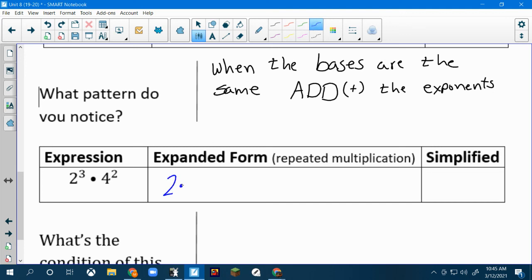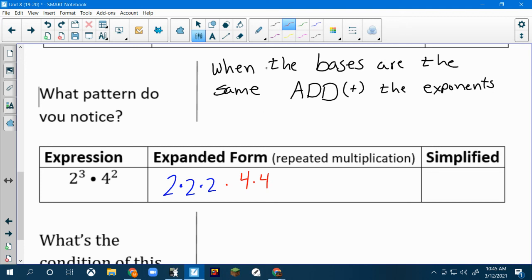2 3 times in expanded form, and then 4 2 times. Well, this is a little weird, isn't it? Well, we're going to have 4 times 4. That doesn't change.